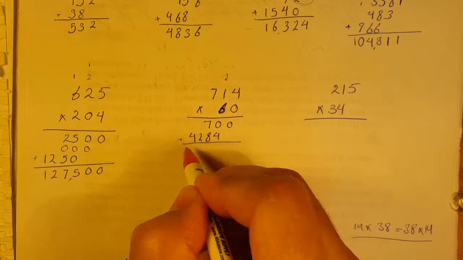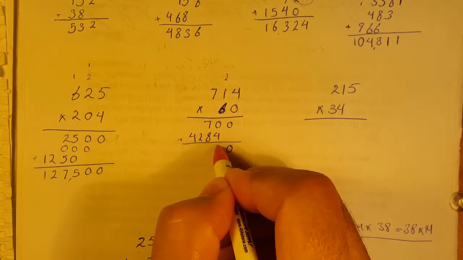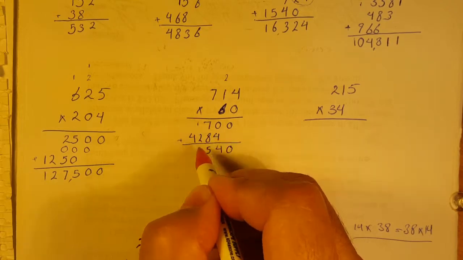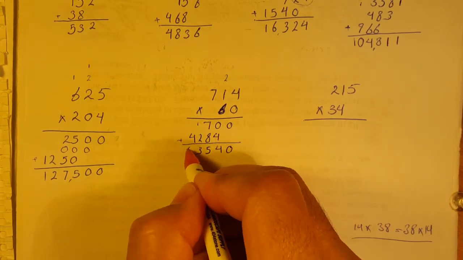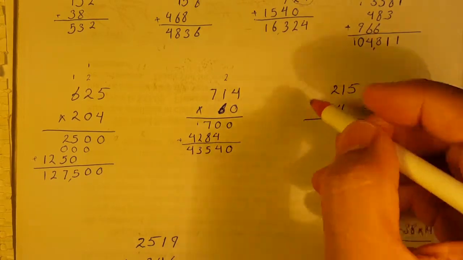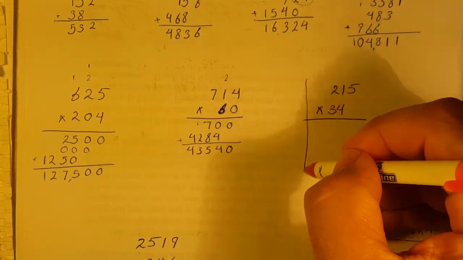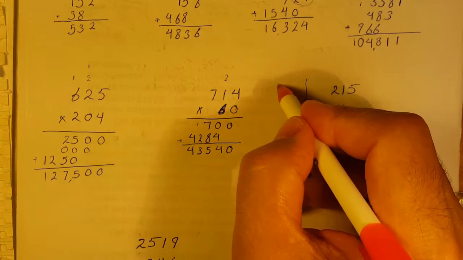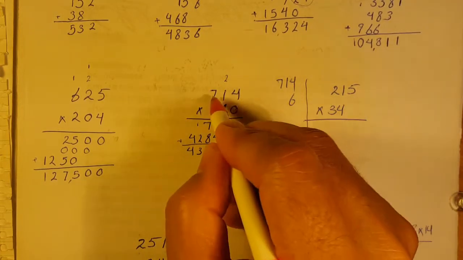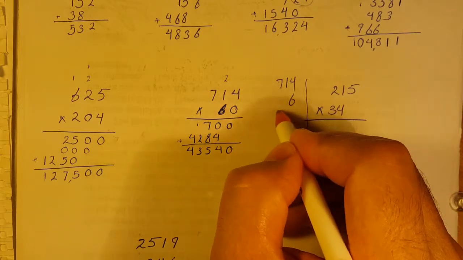And add these 2, 0, 4, 7 and 5, 7 and 8, 15. 1 goes up, 3 and 4. This is one way. The other way is, make it separate from this one. Another way is 3 times 7, 14 times 6.